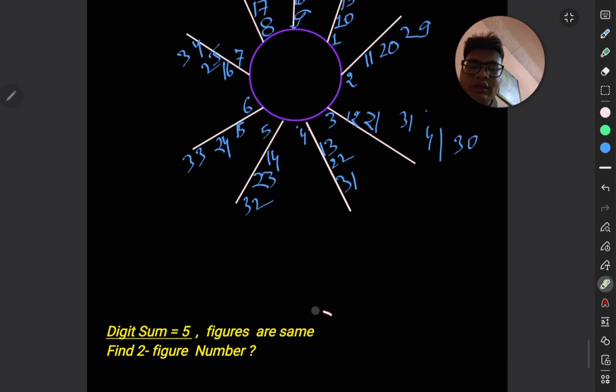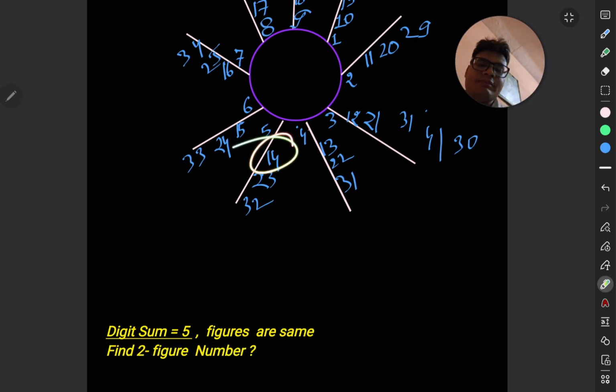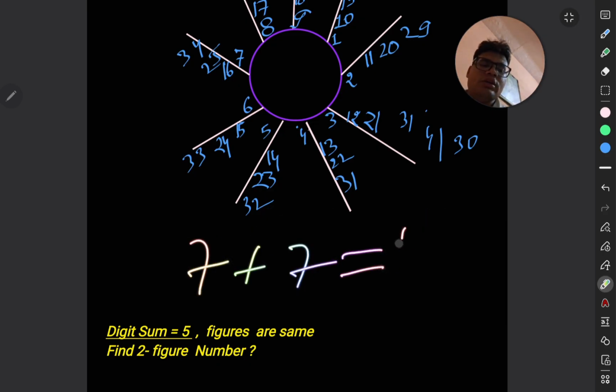So the point is: figures are the same and digit sum is 5. 14 has digit sum 5. If we have 14, we divide 14 in halves. Half of 14 is 7 and 7, because 7 plus 7 is 14.